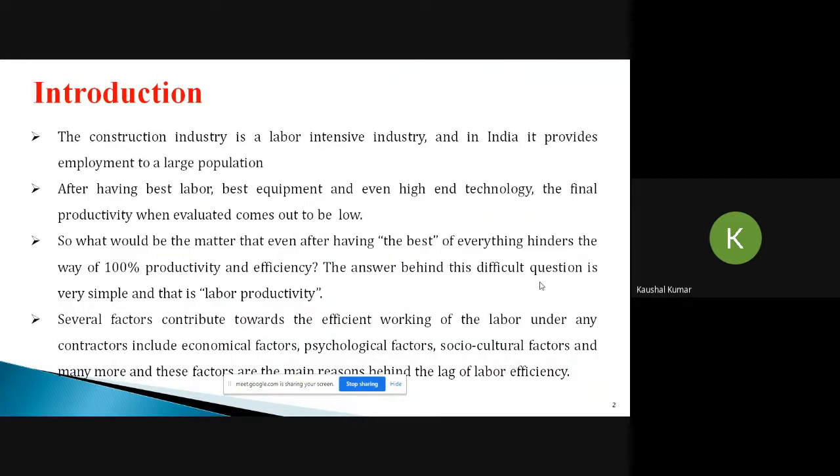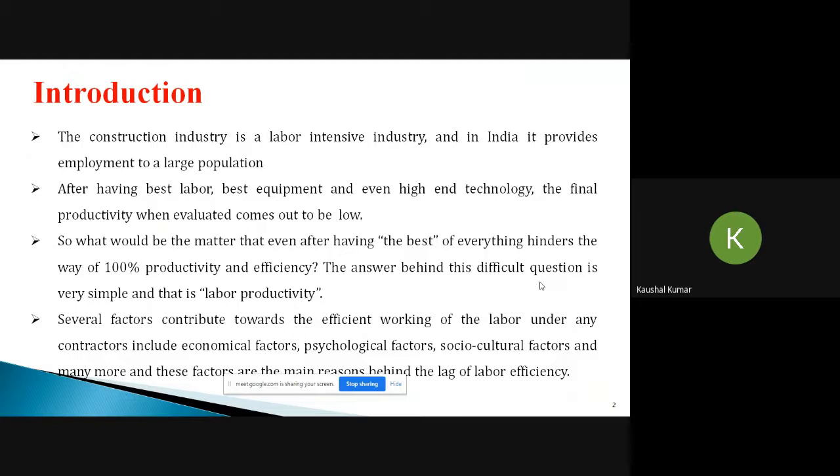If you talk about the construction industry, as we all know, this is a labor-intensive industry, and it also provides employment to a large population of India, because the unskilled labor required for this industry is very large.